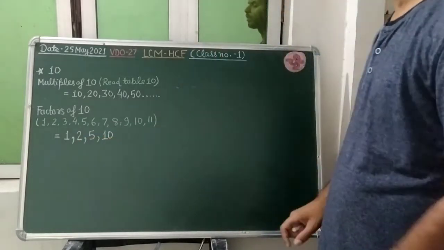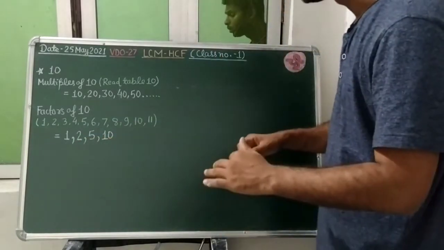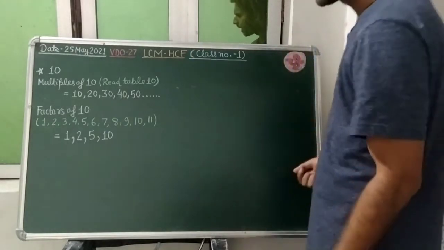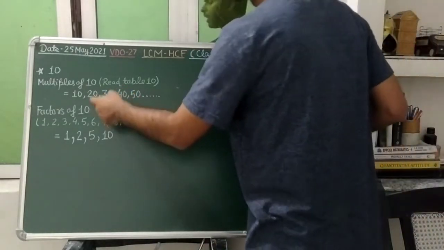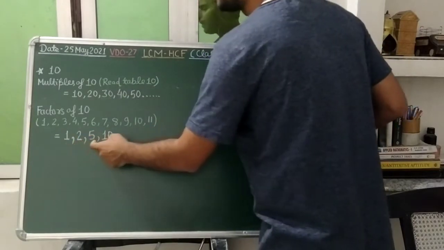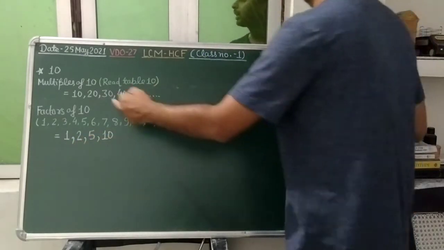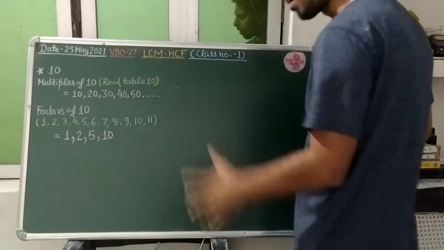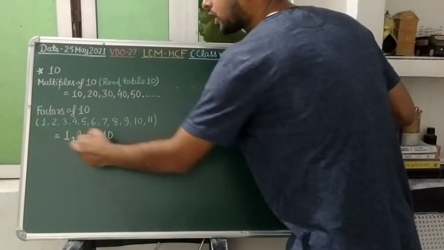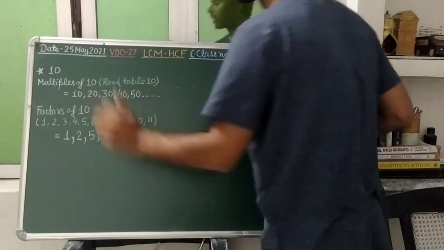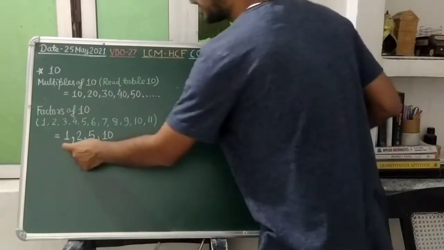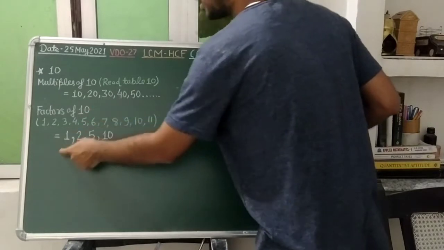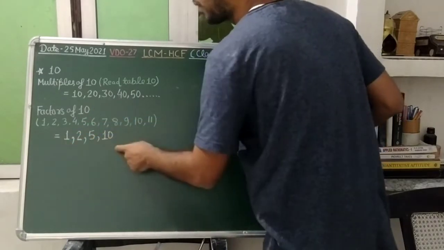So factors of a number are those numbers which will divide the given number completely. Meaning that factors of 10, we are getting 1, 2, 5, 10. These are the numbers which will divide the given number completely. Meaning that 1, 2, 5, 10 are going to divide the 10.